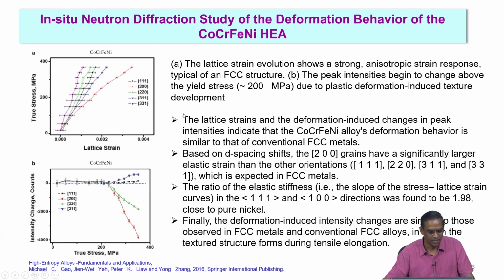So, what you are seeing here is the lattice strain evolution, which shows a strong anisotropic strain response typical of an FCC structure. So, this is the tensile stress versus lattice strain. This is the true stress, this is the lattice strain.